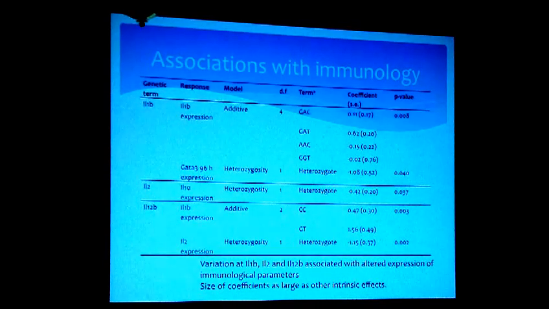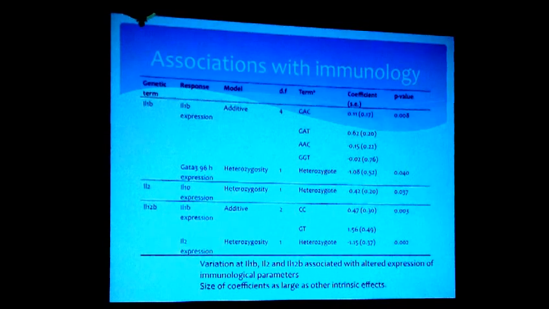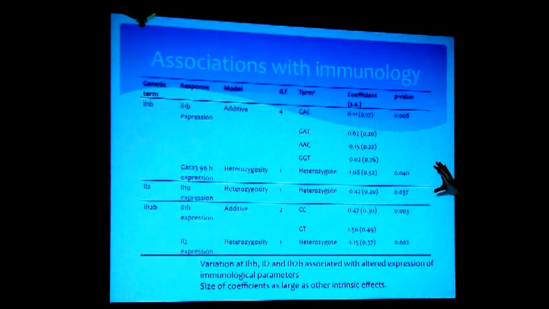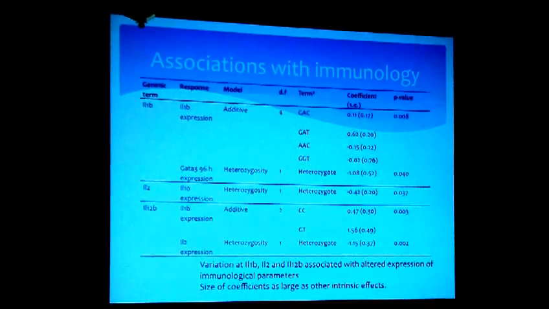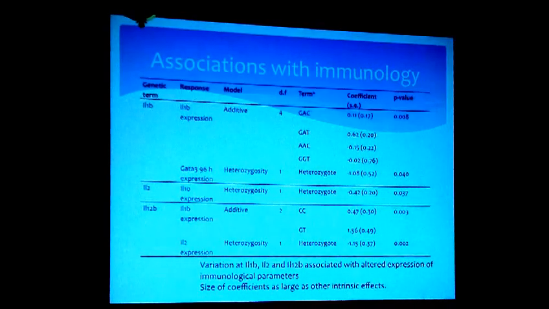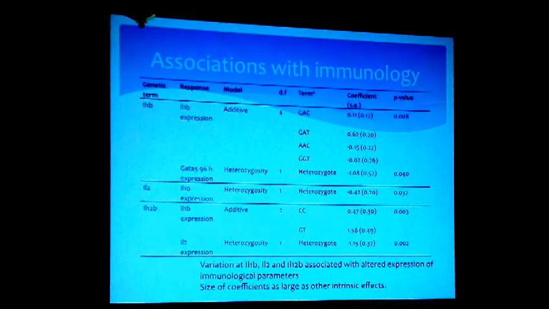And of the 8 or 9 genes that he looked at, there were these 3 here which seem to repeatedly come out with significant associations with various immunological parameters. Those were either in an additive model or asking, if you're a heterozygote, does that affect the value of the parameter that comes out?